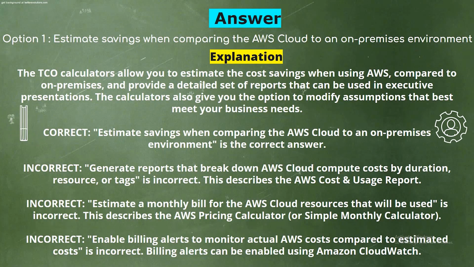Incorrect. Generate reports that break down AWS cloud compute costs by duration, resource, or tags is incorrect. This describes the AWS cost and usage report. Incorrect. Estimate a monthly bill for the AWS cloud resources that will be used is incorrect. This describes the AWS pricing calculator, or simple monthly calculator.